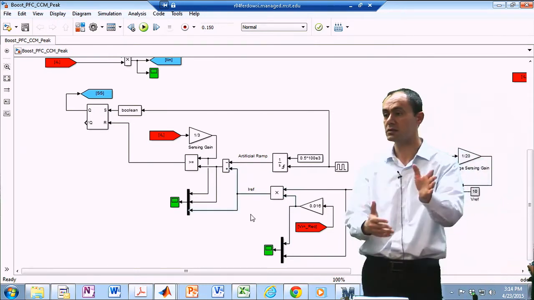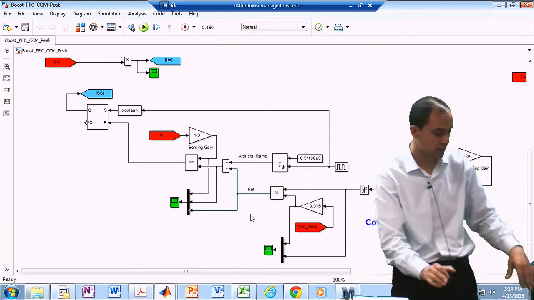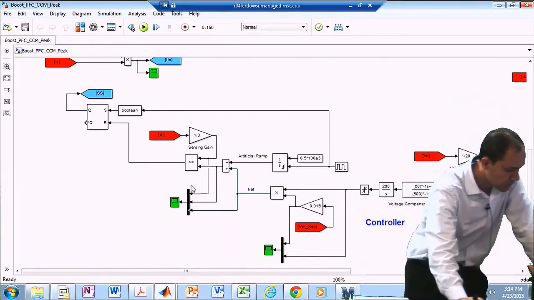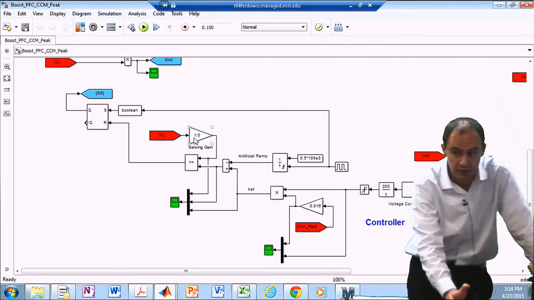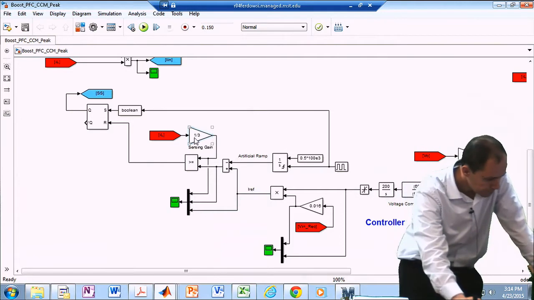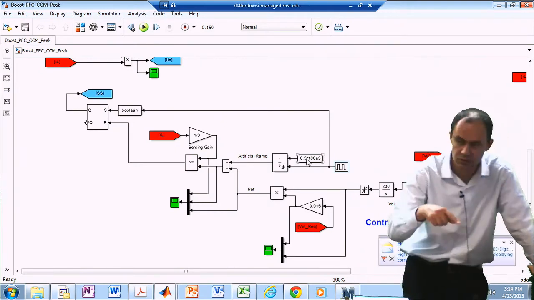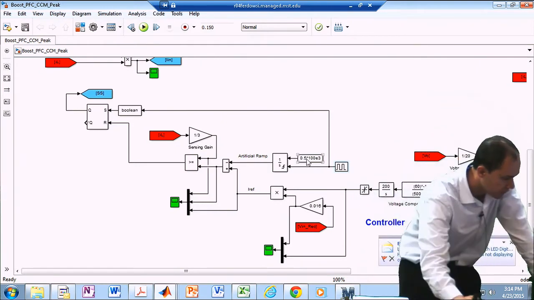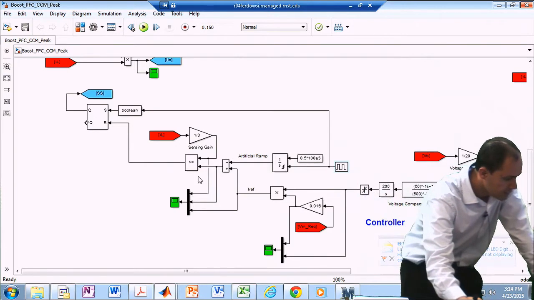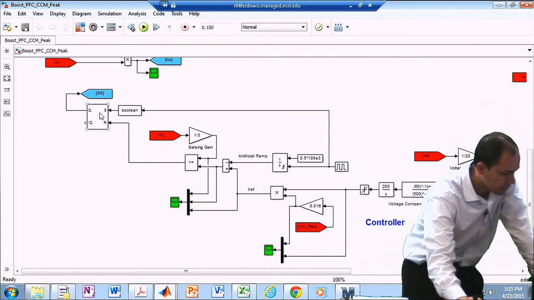Then the rest is the peak current mode controller. Measure the inductor current. There is a measuring gain involved as well. There is an external ramp, which is built over here. There's a clock, set and reset. So basically your external ramp is just jumping up and down like a triangular waveform. And this is the main latch.